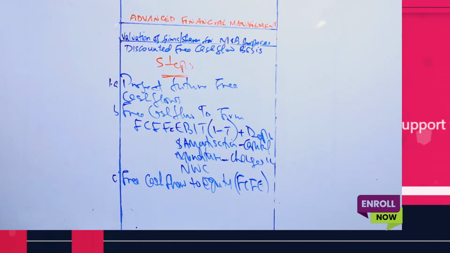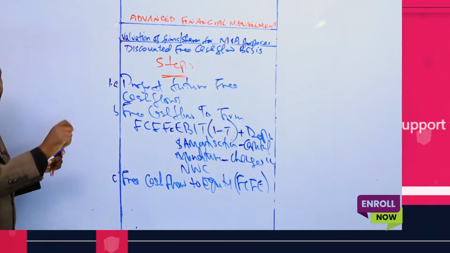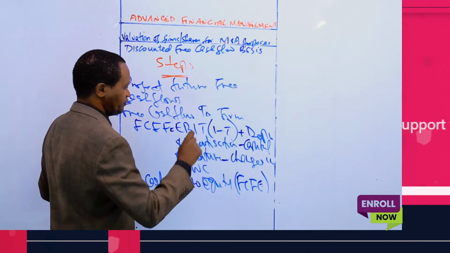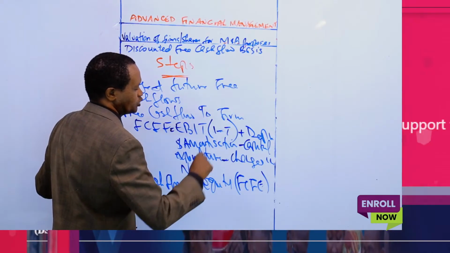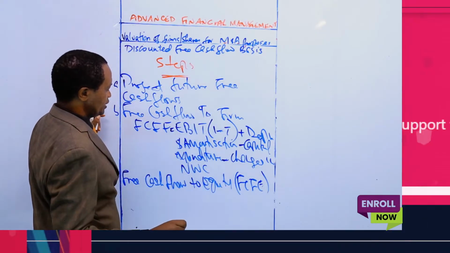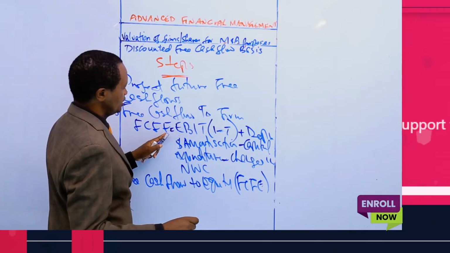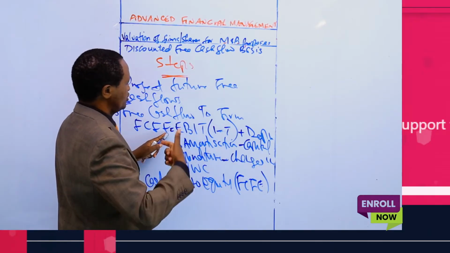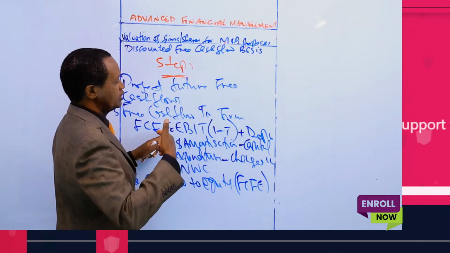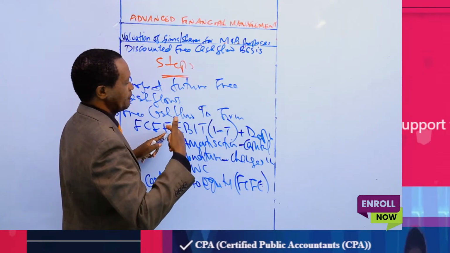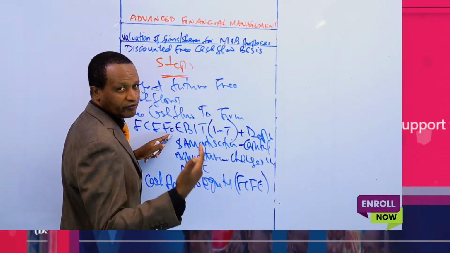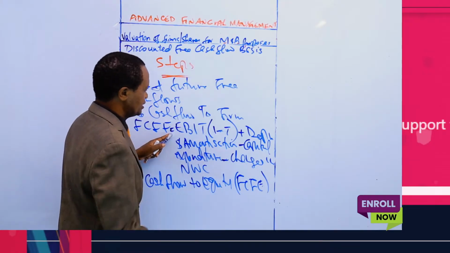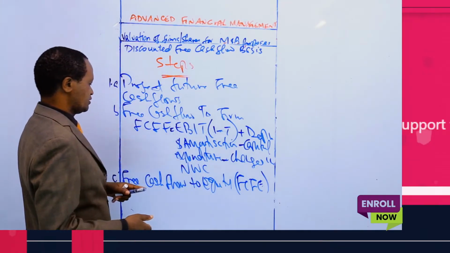Free cash flow to equity represents the cash flow available only to equity holders. The free cash flow to the firm represents the cash flow available to both debt holders and equity holders. It represents the cash available to all the providers of capital, that is the debt holders and equity holders.